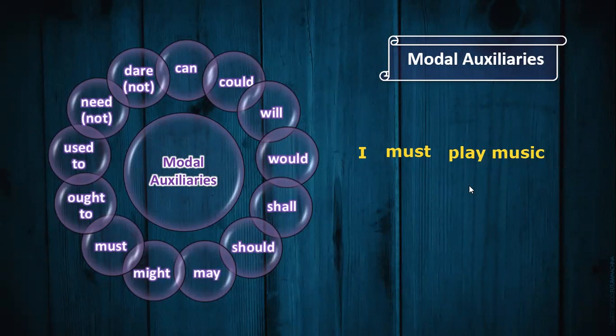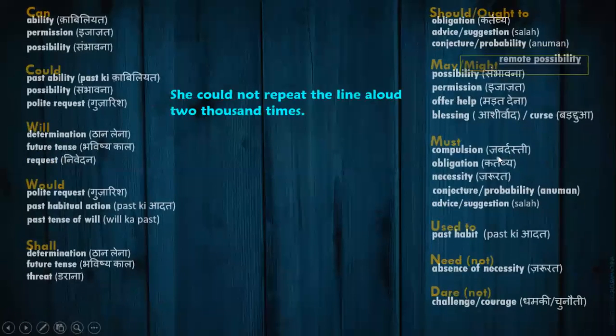Do you think it conveys a compulsion or a necessity? Yes. Or a suggestion? Yes. So in this manner, functions are really very important when it comes to modal auxiliaries. That is what we are going to understand next. So get ready, stay tuned, and here we go.